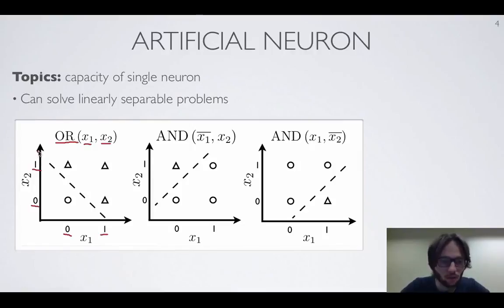We can easily pass a line between all the circles and all the triangles. There's another function, the AND function over the negation of x1 and x2. Then all of these will be of class 0, and this will be of class 1, and again we can pass a line between the 2 classes. Another example is with the negation of x2, where we get a class 1 here and the others are 0. Again we can pass a straight line. So these simple functions can easily be modeled by a single artificial neuron.